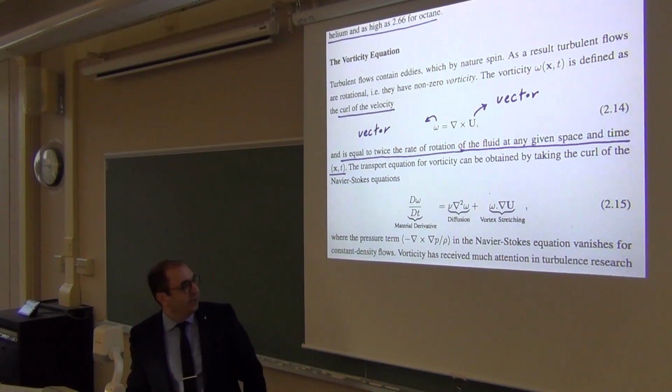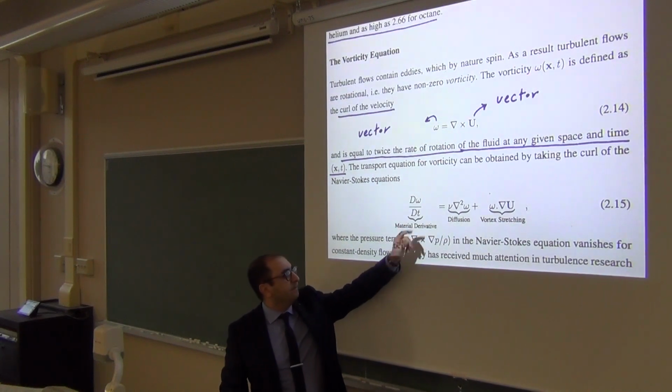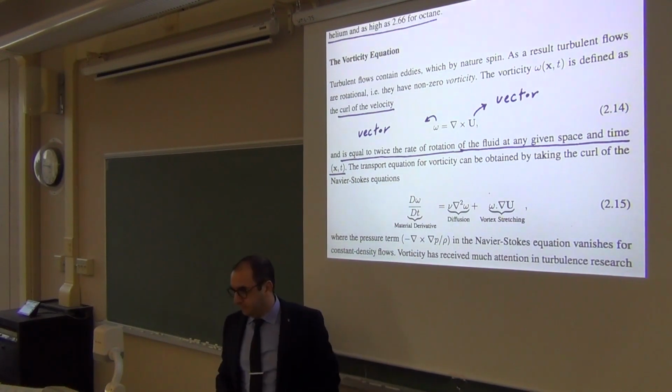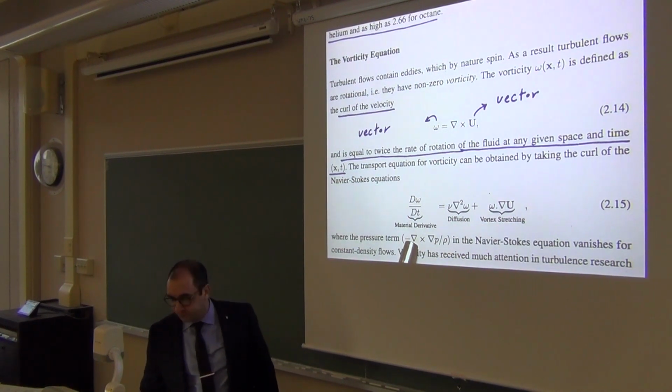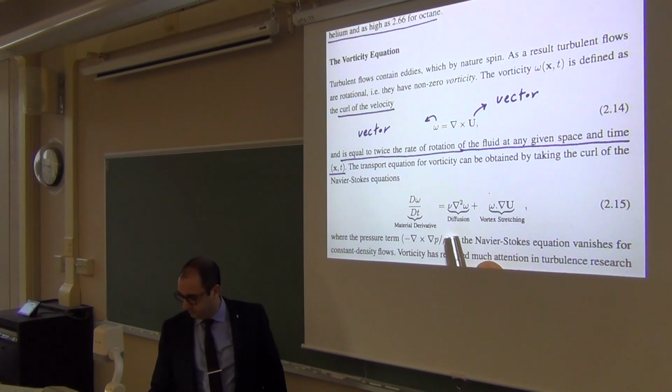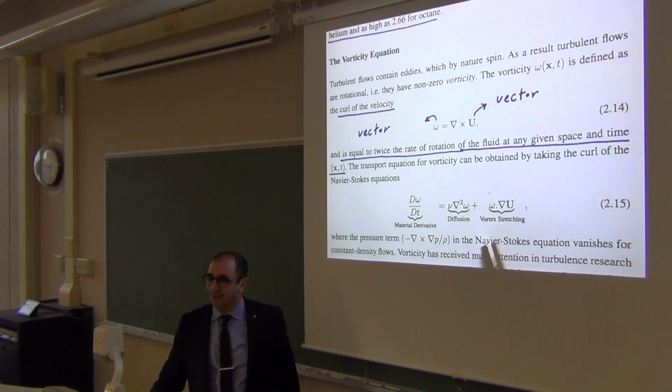Now the variable of interest is not the velocity vector anymore, it's the vorticity vector, spin. And the time derivative of that, the material derivative, is then equal to 2 terms: diffusion of vorticity plus vortex stretching. So things start getting a little bit abstract.